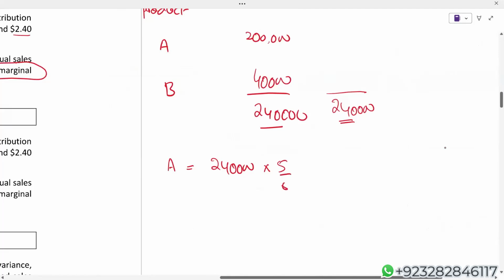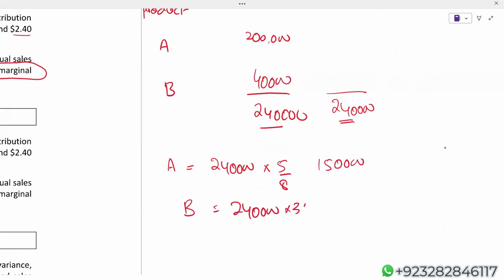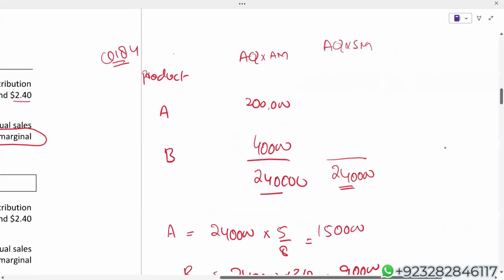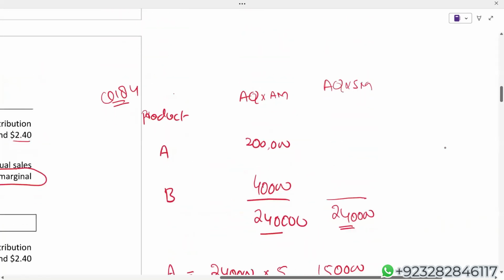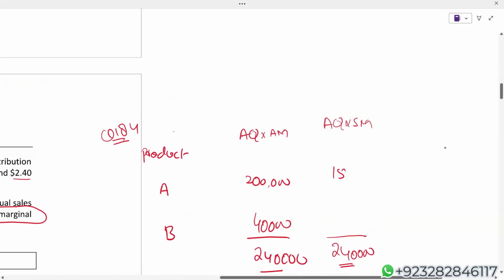So 5 upon 8, calculator. 2,40,000 multiplied by 5 upon 8. I'm getting 1,50,000. And 2,40,000 times 3 upon 8 is obviously 90,000.